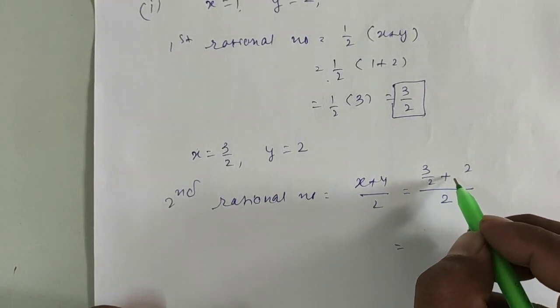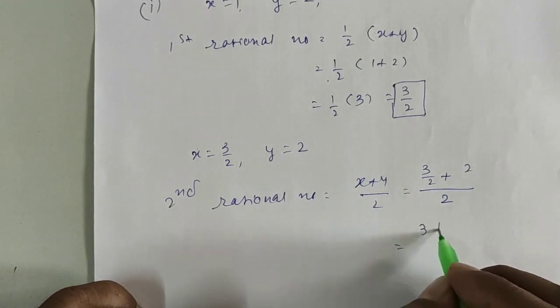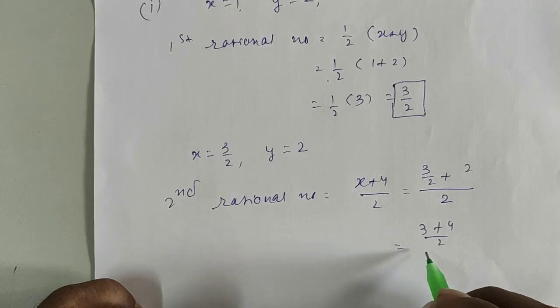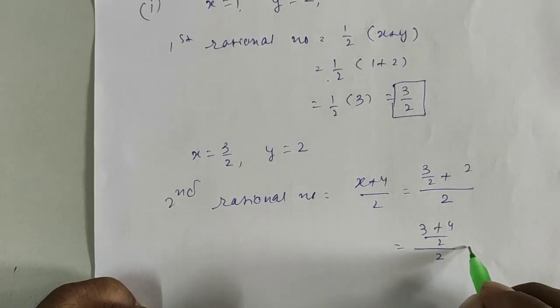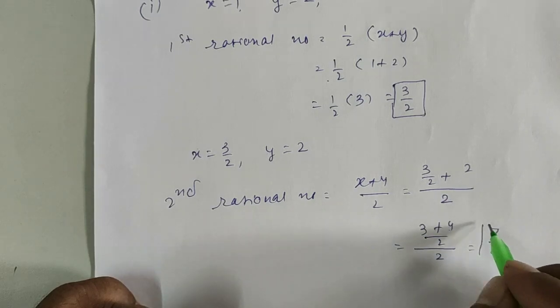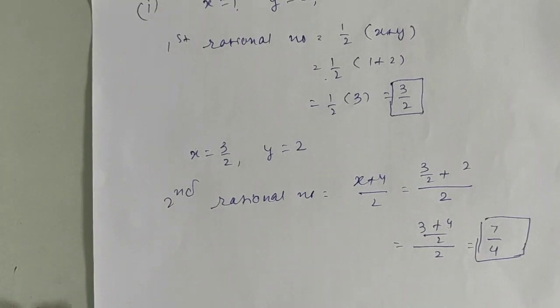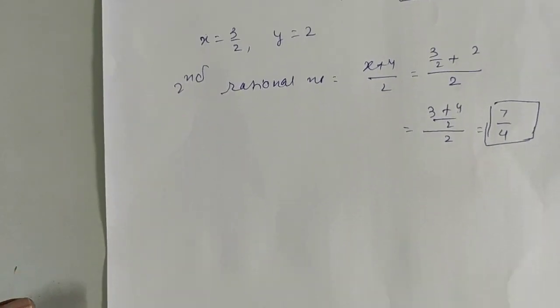Taking cross multiplication, (3 plus 4) upon 2, the whole divided by 2, equals 7 upon 4. 7 upon 4 is the second rational number between 1 and 2.